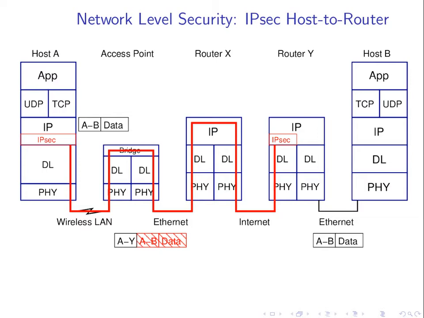So they don't really know that A is originally sending the data to B. They just know they're sending to this router Y. So whether it's host B, C, D, E, or other hosts that it was destined to, the attacker only knows it was going to router Y. So we've hidden some detail from the attacker in that case.